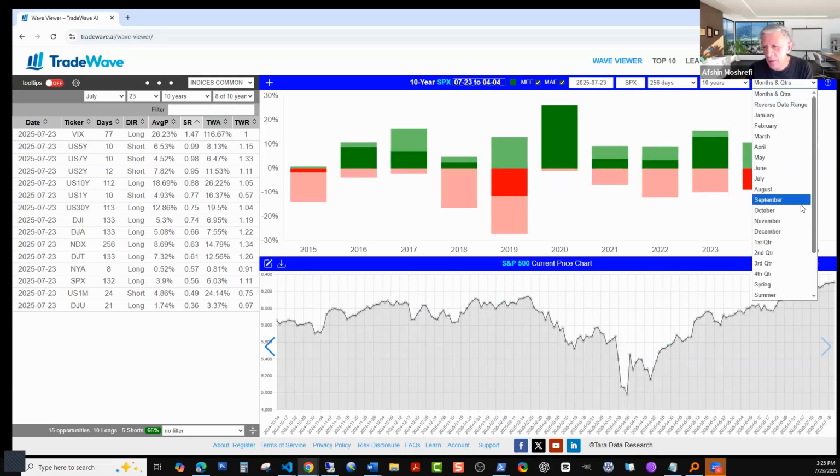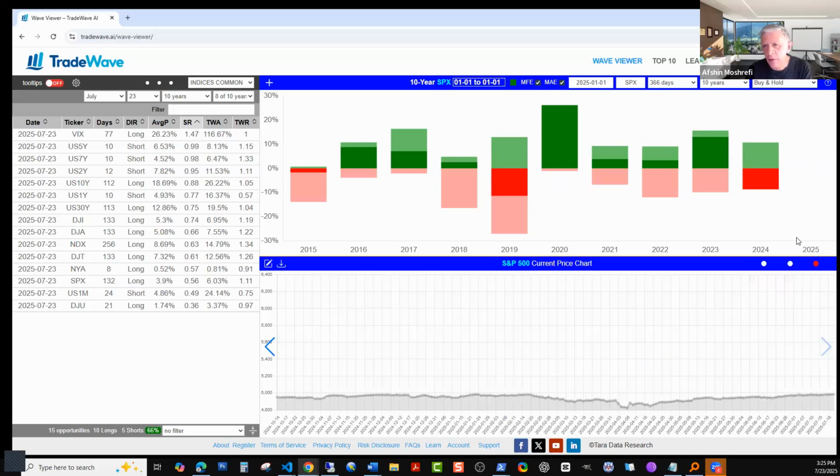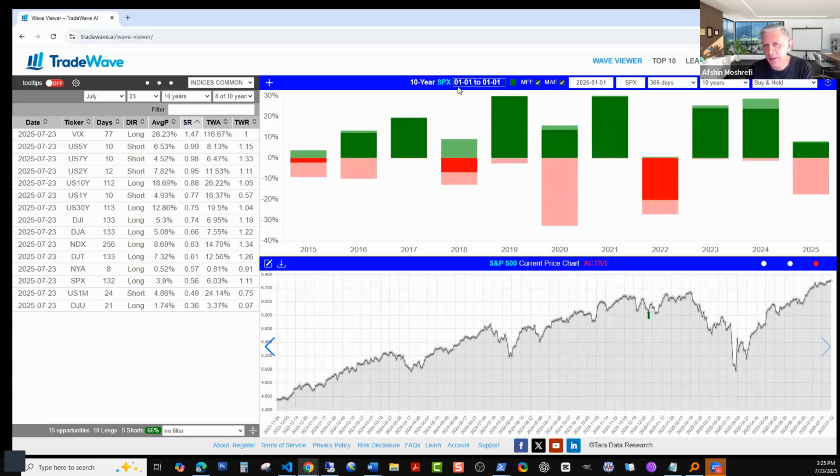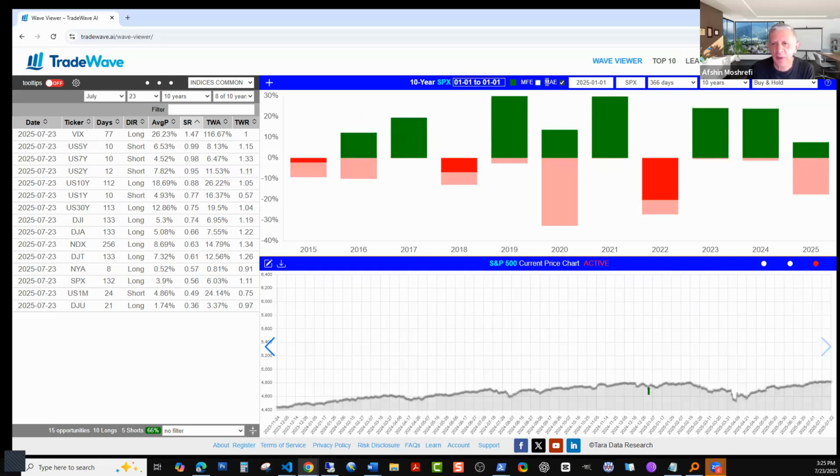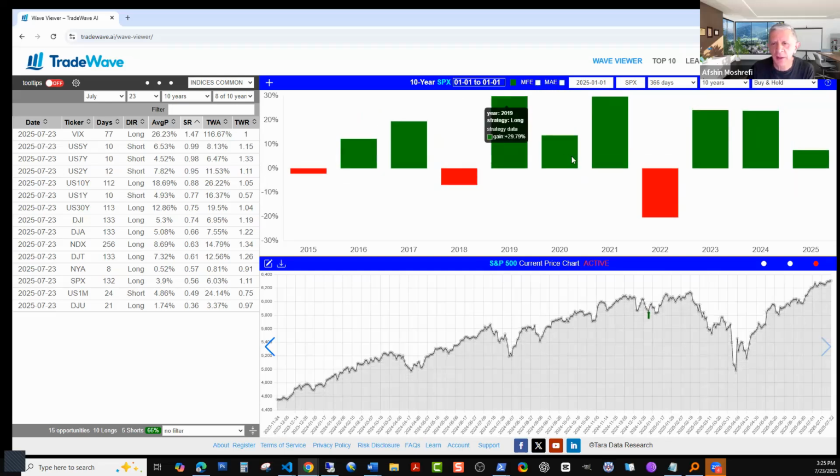Then I'm going to select buy and hold, which switches the date range to January 1st to January 1st, which means you just don't get out. And every bar is about that particular year. The gain and loss for the year from beginning to the end, January 1st to January 1st.